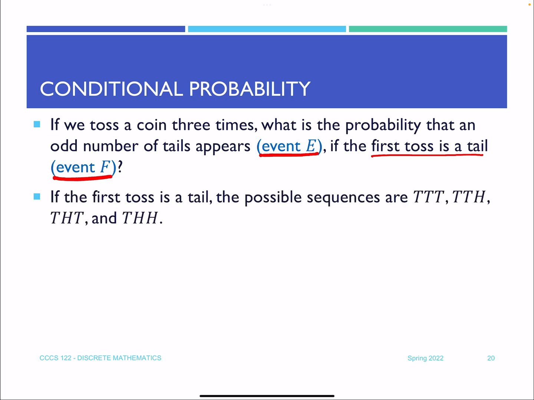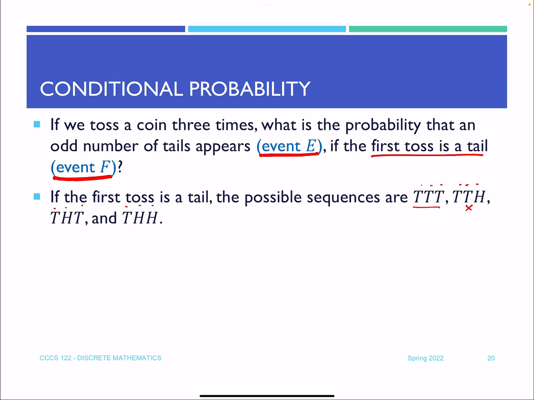So if the first toss is a tail, the possible sequences are TTT, TTH, THT, and THH. The first one always has to be a T, right? Now, in how many of these is the number of tails an odd number? This one, 3.